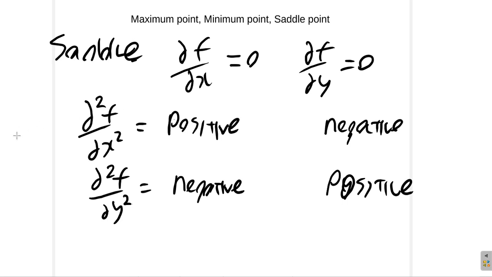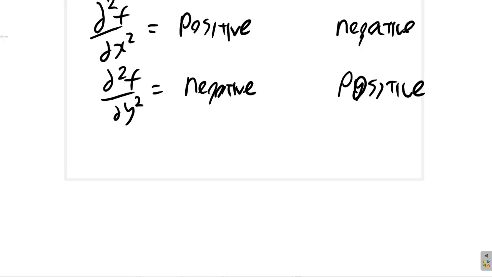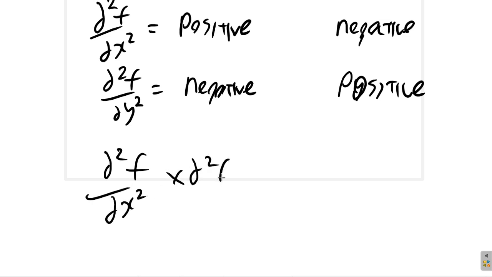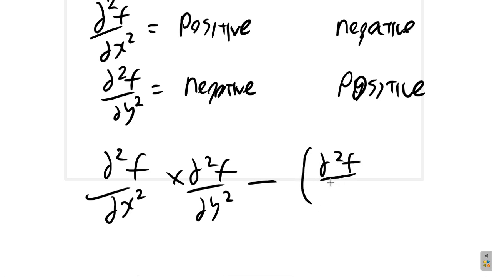Now you have a formula that says if you have ∂²f/∂x² multiplied by ∂²f/∂y² minus (∂²f/∂x∂y) all squared, if that is greater than 0, then it is a minimum or maximum point.